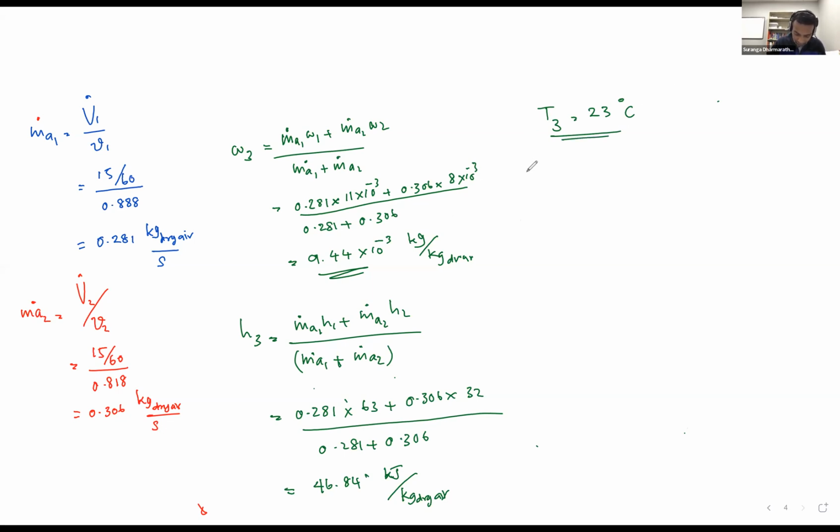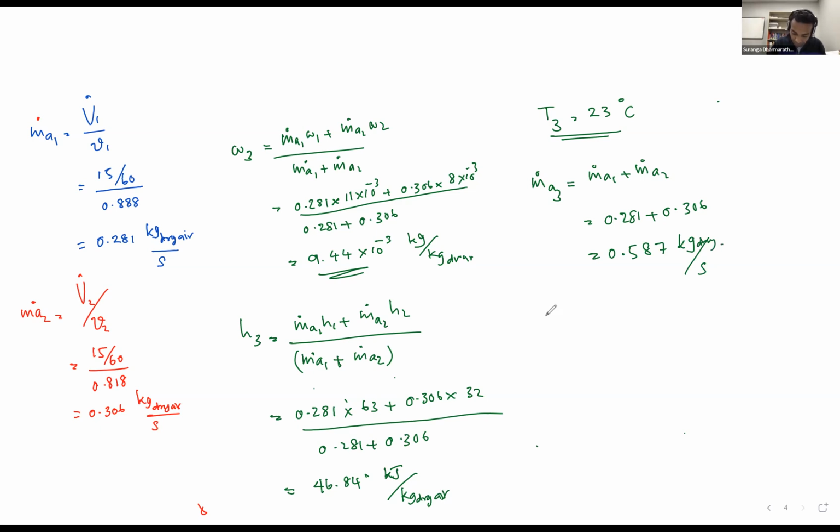And we can find m dot A3 is equal to m dot A1 plus m dot A2. That is 0.281 plus 0.306. So this is 0.587 kilogram dry air per second.